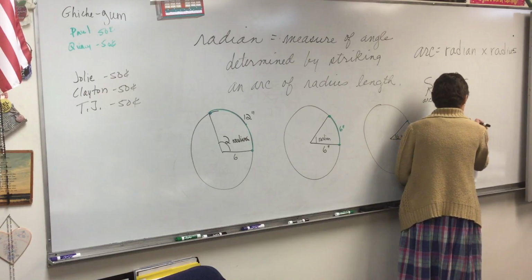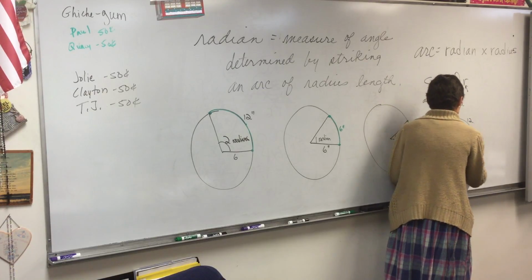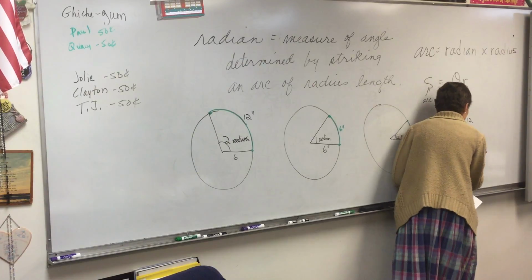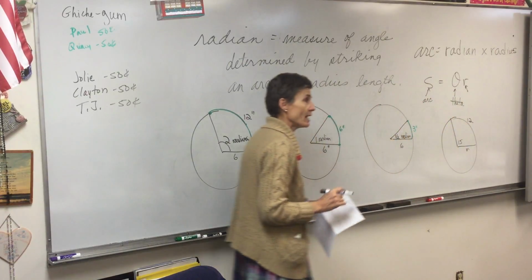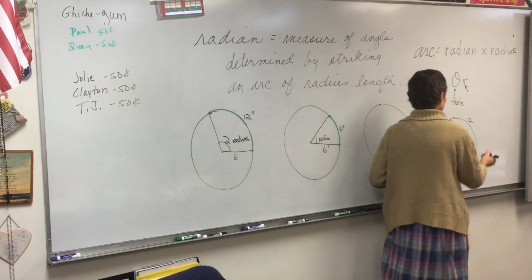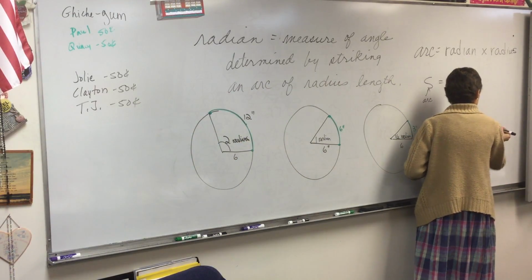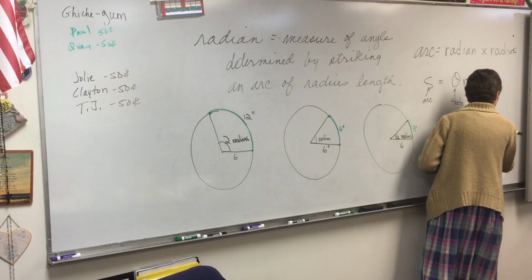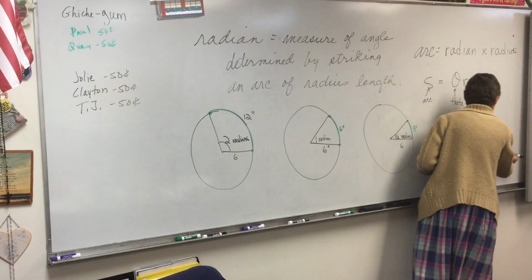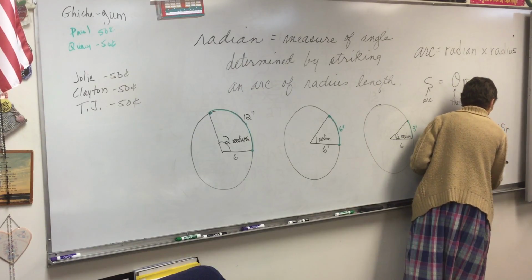The arc length is 12. The central angle is 1.5 radians. And your job is to find the radius. Can we do that? Yep. What will our equation look like? 12 equals 1.5 r. So r equals 12 over 1.5.